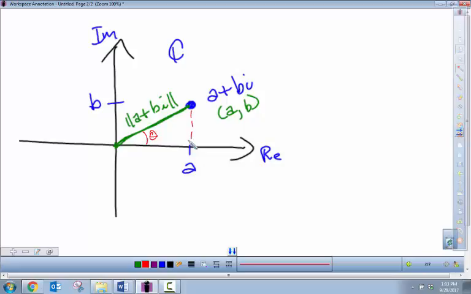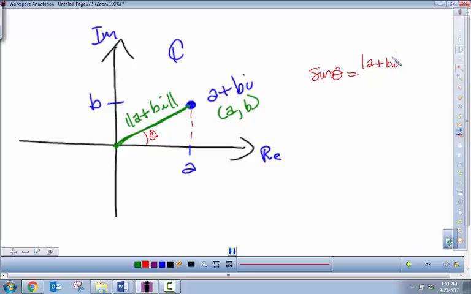Let's start with this. What's the opposite over hypotenuse? Sine, yeah, something like that. So the sine of theta is equal to B over the magnitude of A plus Bi.